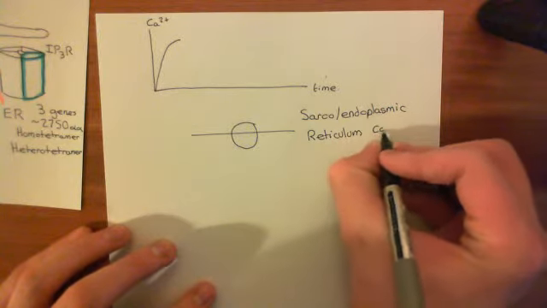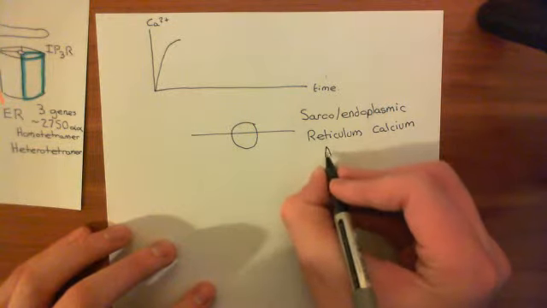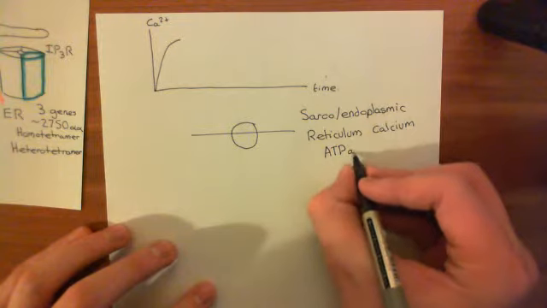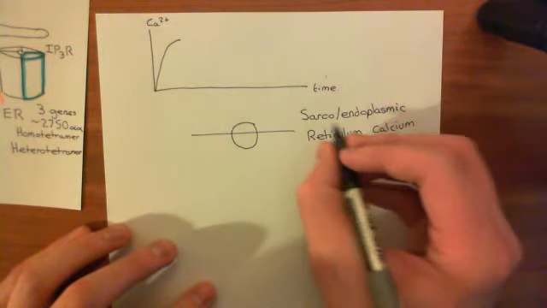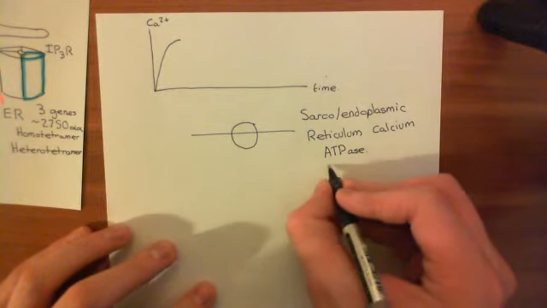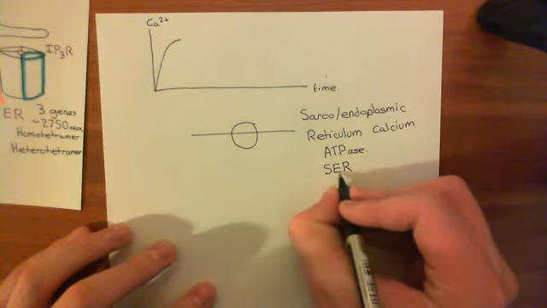Its role is to return the calcium from the cytoplasm into the lumen of the sarco or endoplasmic reticulum.